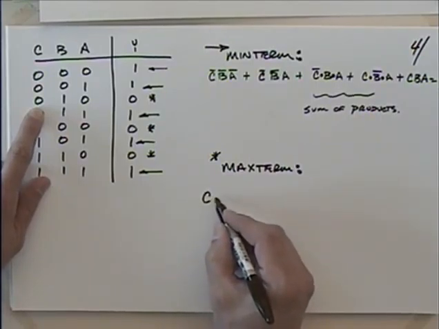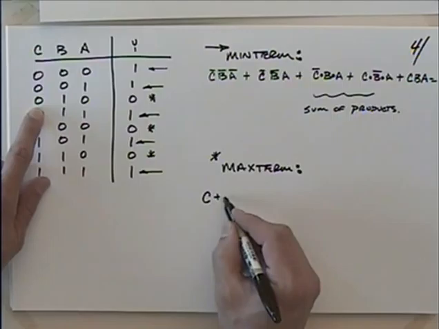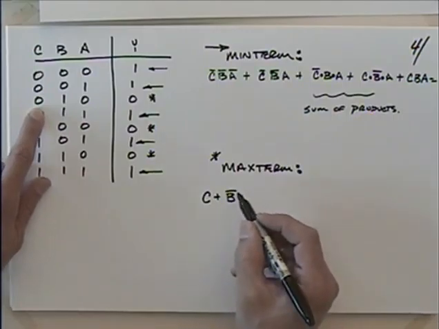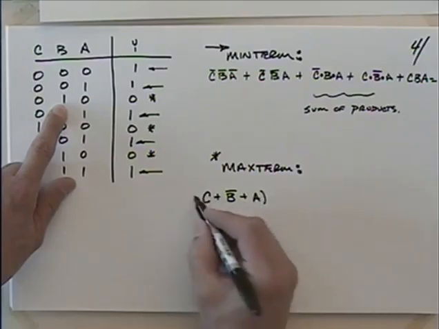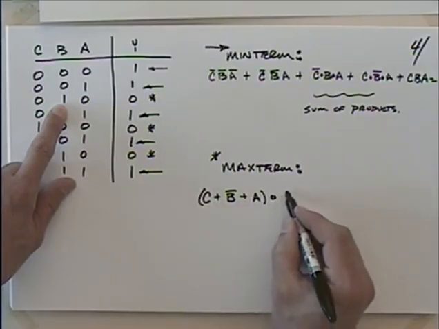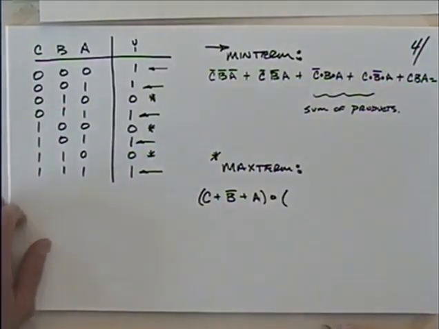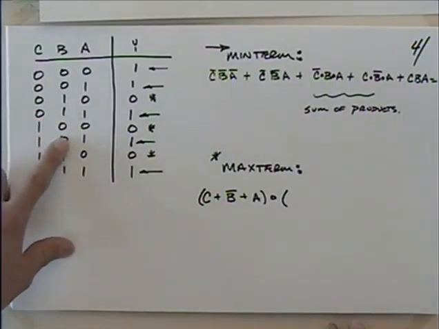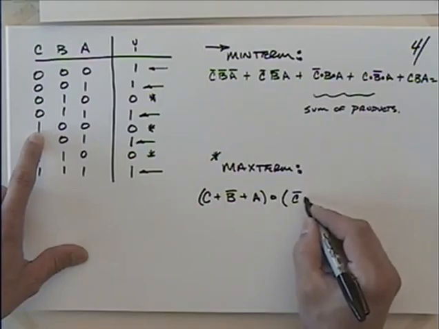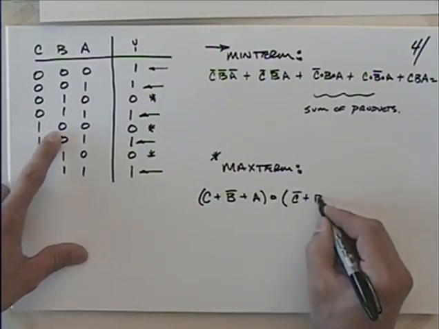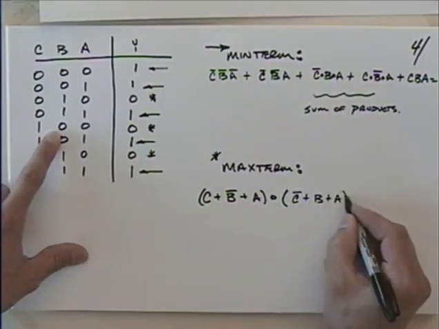So I've got C or B, which has to be inverted because it's a 1, or A, and then I'm going to AND this with the next term. Where's the next term? Right here. So I need to invert C, and I can OR it with a B or an A.